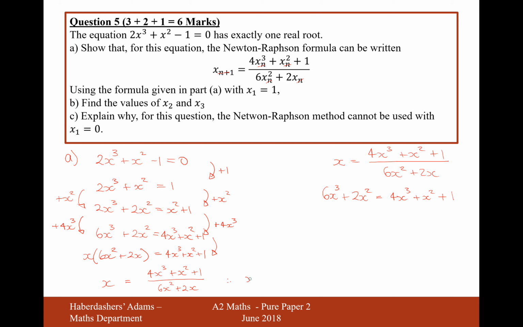Therefore, the iterative formula xn plus 1 is equal to 4xn cubed plus xn squared plus 1 over 6xn squared plus 2xn, without the squared on it, so just xn. So there we are.